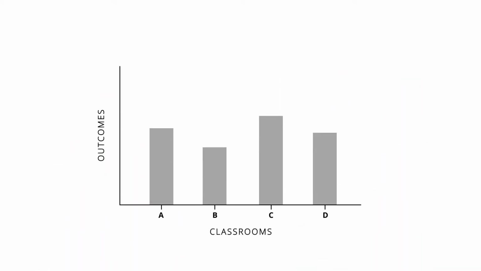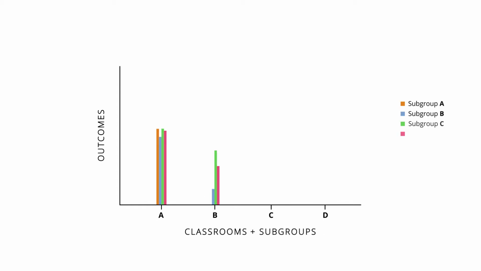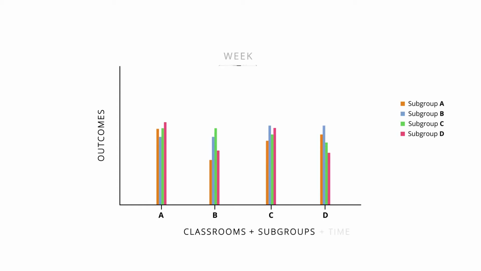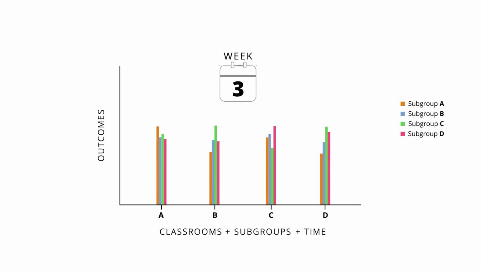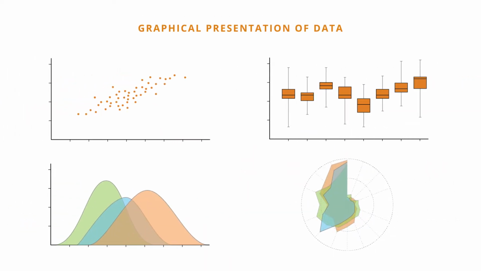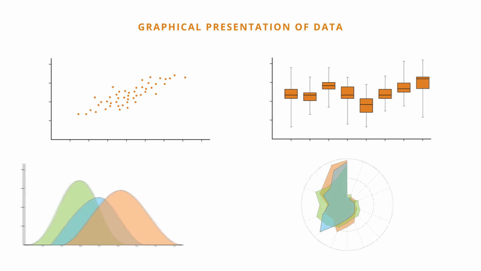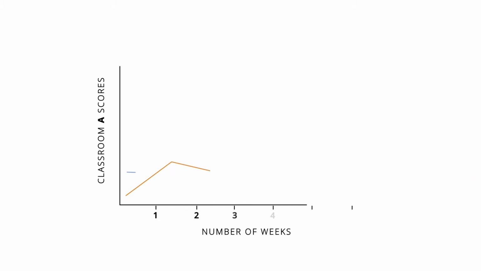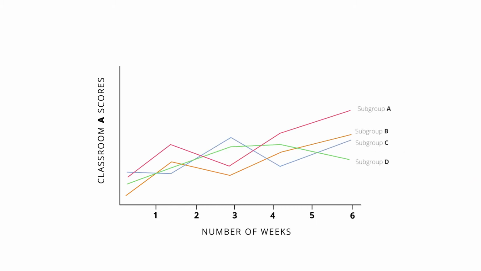Third, explore the data across classrooms, across subgroups, and over time. Fourth, use graphical and visual presentations of the data as much as possible. It is useful to have a common template for these if you're looking for patterns across different data sets or subsets. Finally, look for unusual, interesting patterns such as where there might be examples of positive deviance in the data.